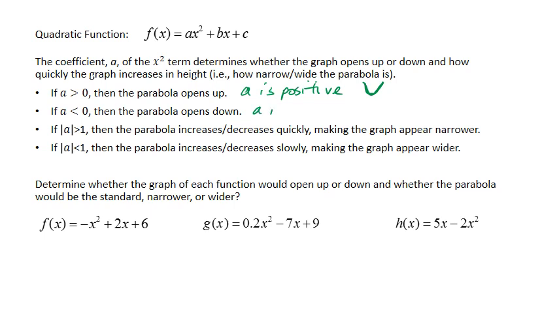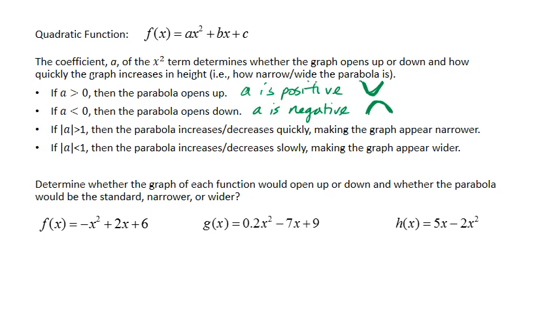When a is negative, the parabola is opening down. So that's a real simple rule, pretty easy to remember. Positive up, negative down. When the absolute value of a is greater than 1, so a is 1, 2, 3, 4, 5, etc., or -2, -3, -4, -5.